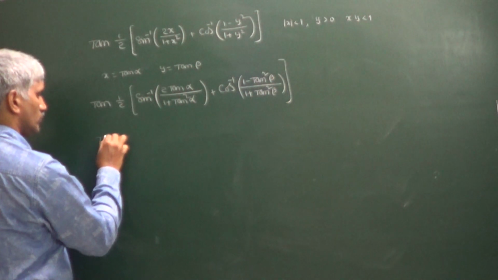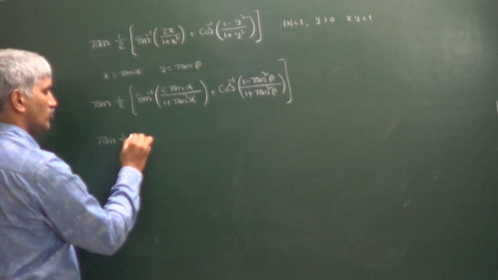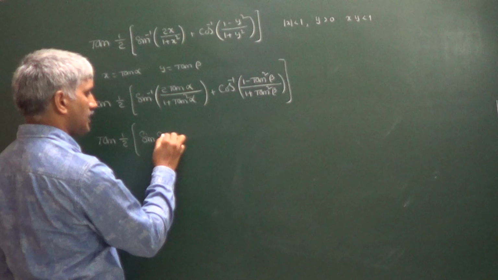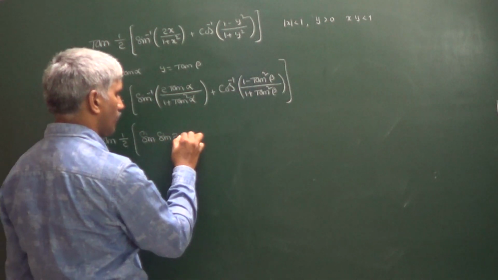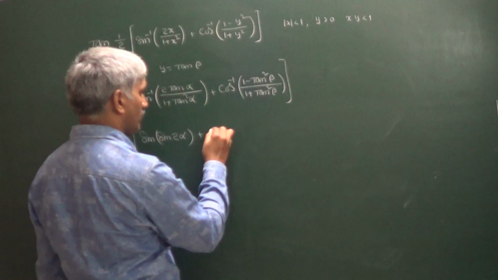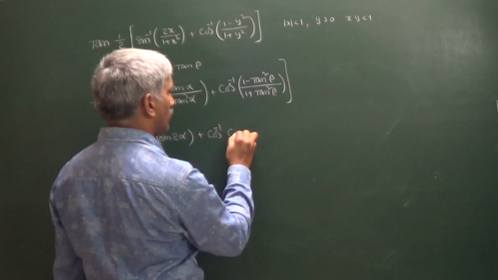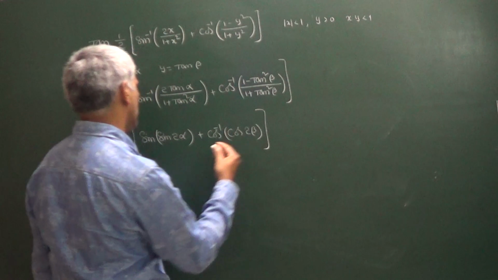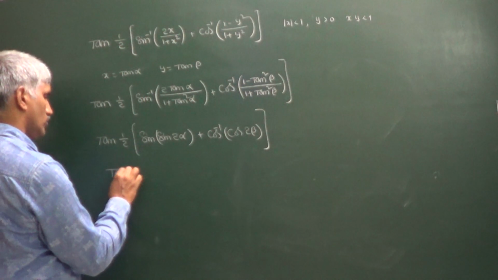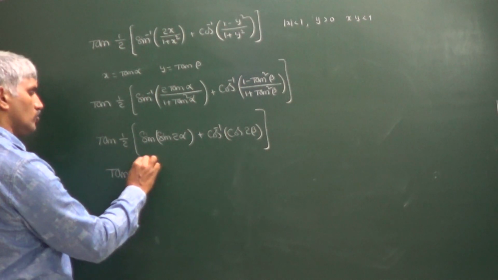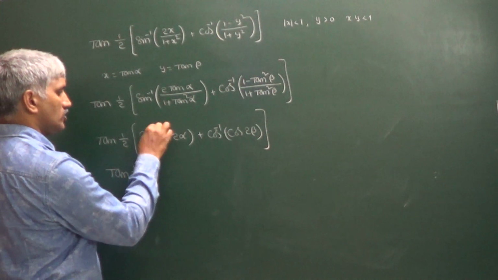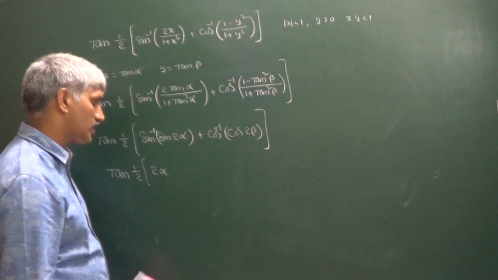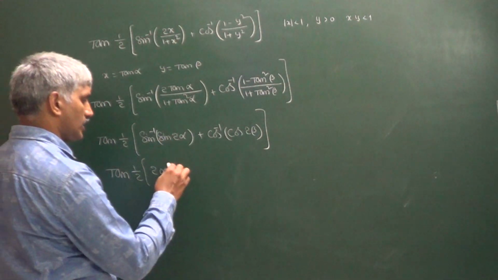Again we can write this as tan of 1 by 2 into sin inverse of sin 2 alpha plus cos inverse of cos 2 beta. Now this is equal to tan 1 by 2 into sin inverse of sin 2 alpha, which becomes 2 alpha, as you can check the conditions under the same information as earlier.